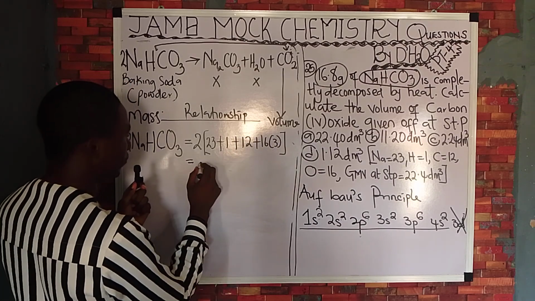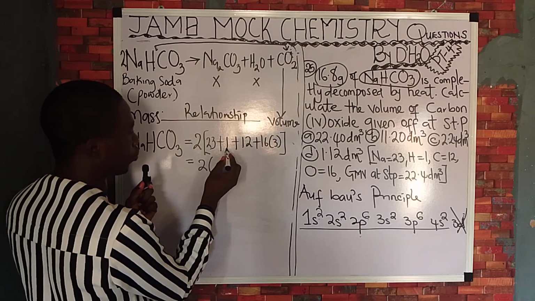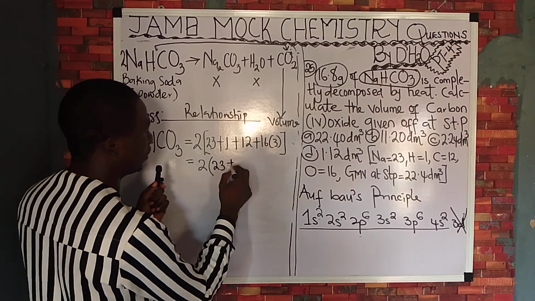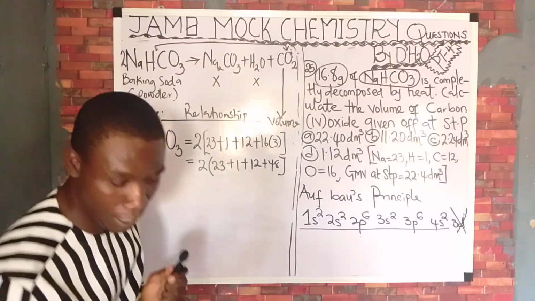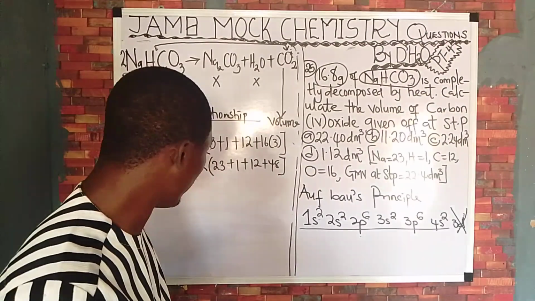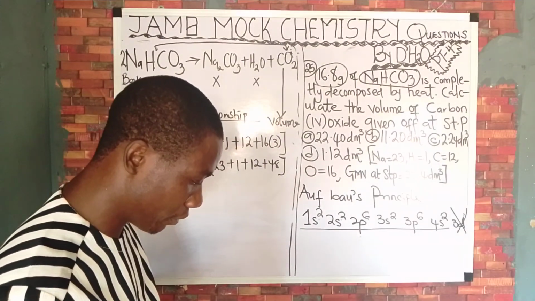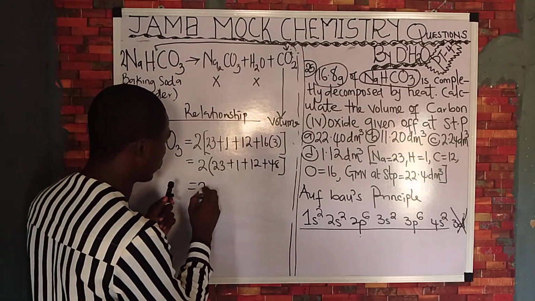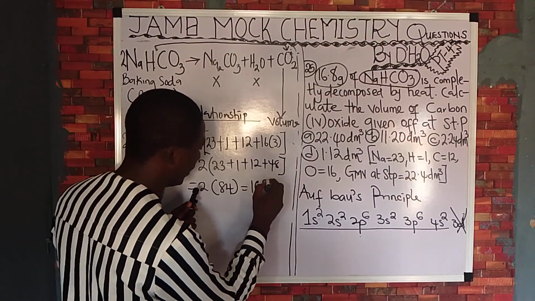So we have 2, open bracket, 23 plus 1 is 24, 24 plus 12, okay, let's do this first, plus 48. Let's add all the values together and multiply by 2: 23 plus 1 plus 12 plus 48 gives us 84. So you have 2 brackets 84, and that will give you 168.